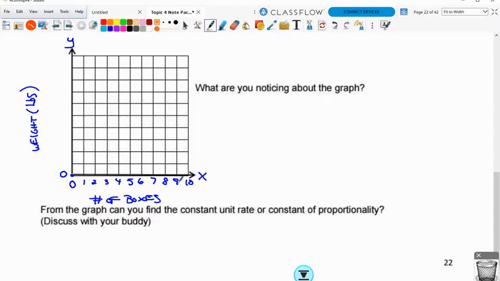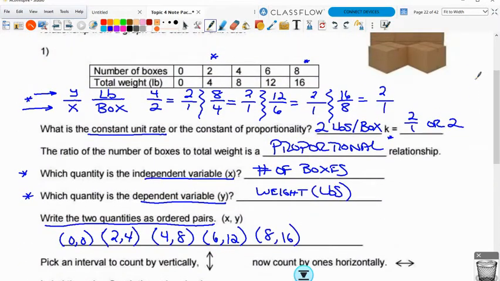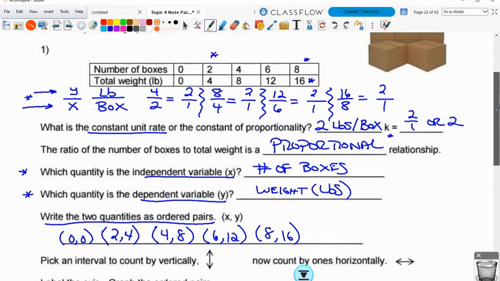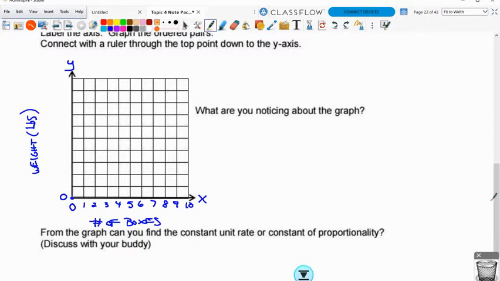Now I need to do something similar for the weight in pounds, which is our y data. If you look at the weight in pounds, the highest weight right here was 16 pounds. So if you go back to your y-axis, again, you start right here at the origin. This is 0. And if we counted by ones this time, 1, 2, 3, 4, 5, 6, 7, 8, 9, 10, well, we wouldn't be able to get up to 16.